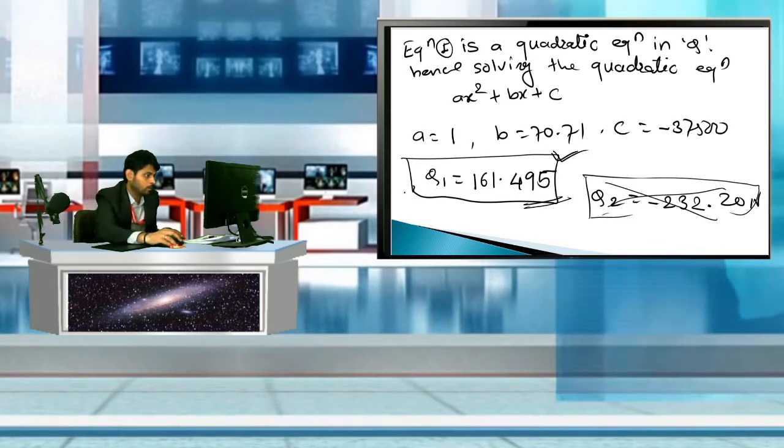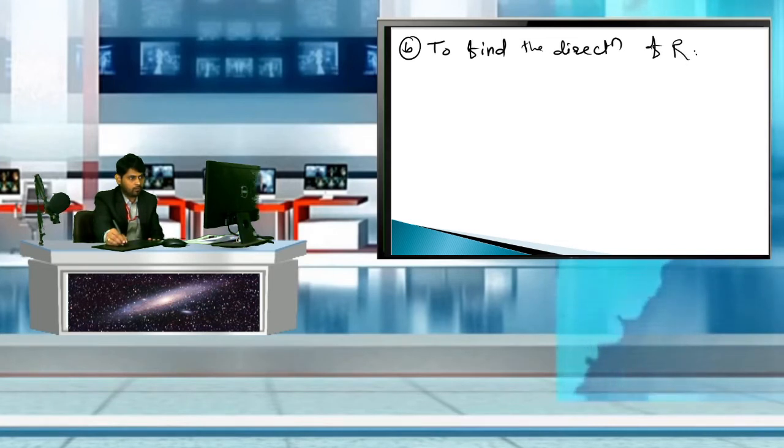Now this is the one term we have to find out. Then second thing, in the problem they asked about the direction also. So the second term we have to find out: the direction of r.